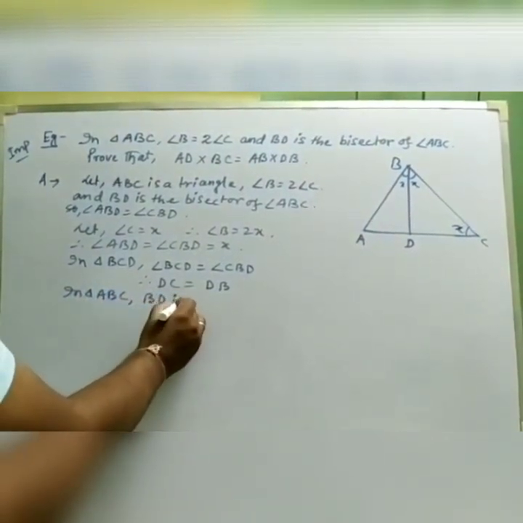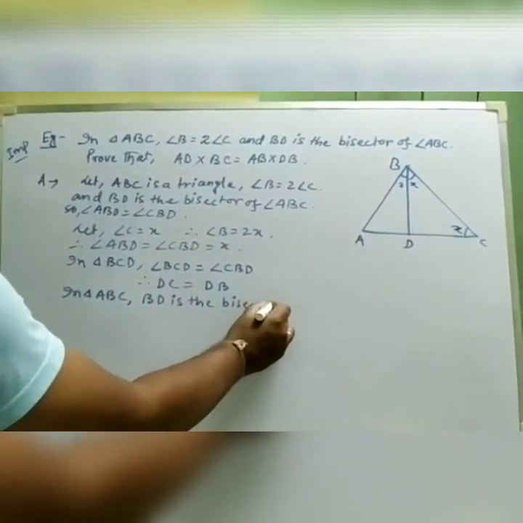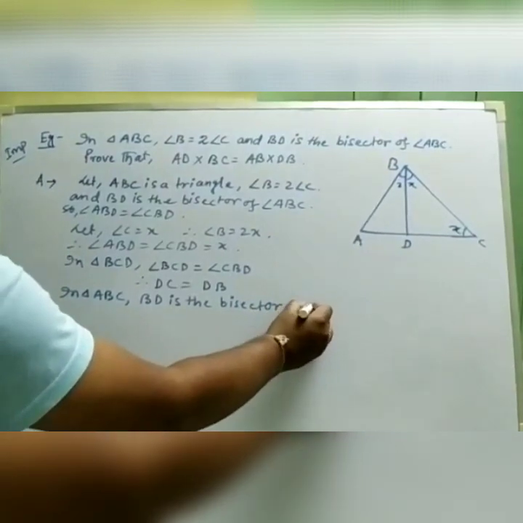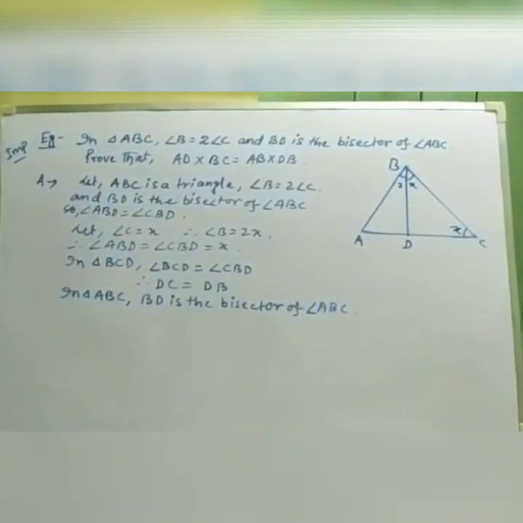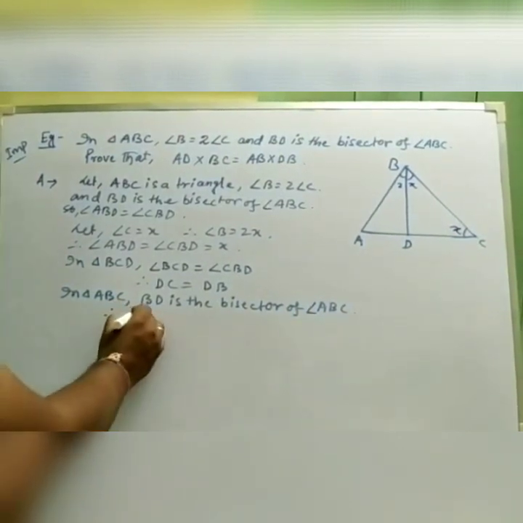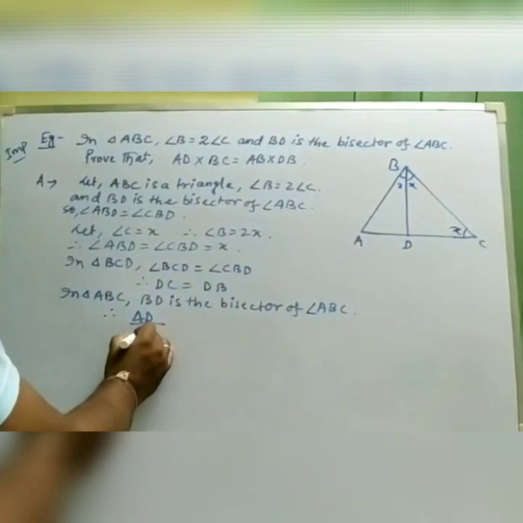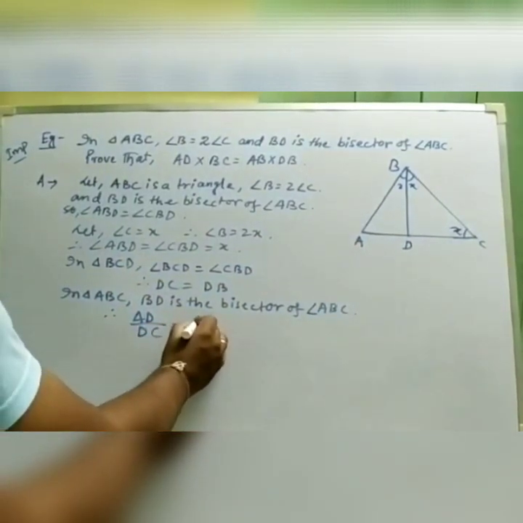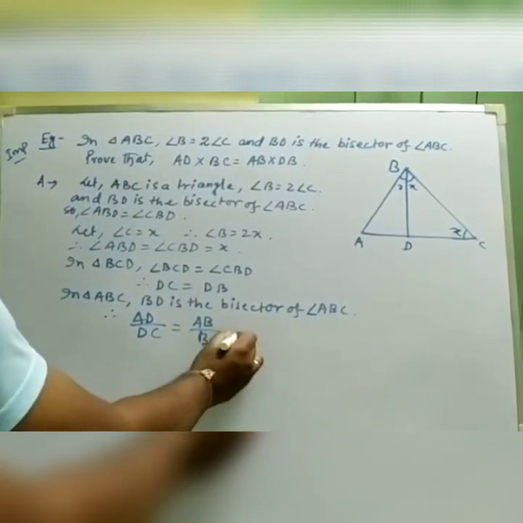BD is the bisector of angle ABC. So we have the ratio of the opposite sides, that is AD by DC, equal to the sides containing the angle, that is AB by BC.